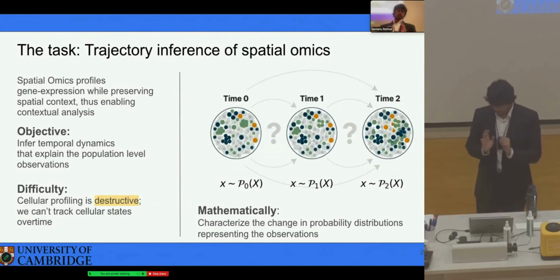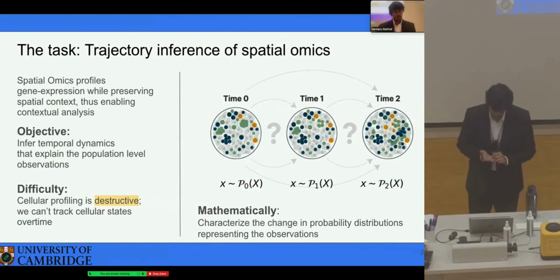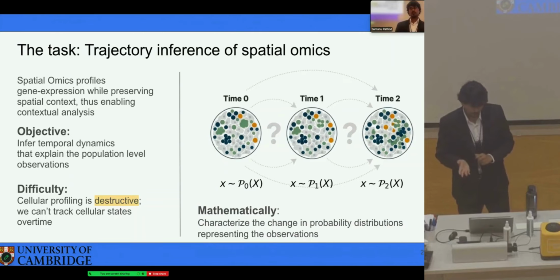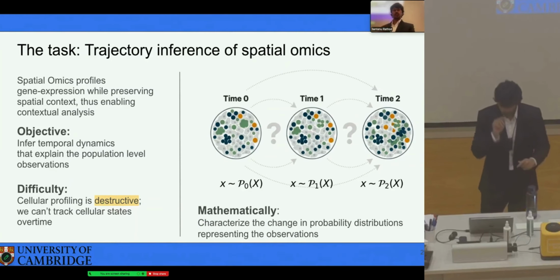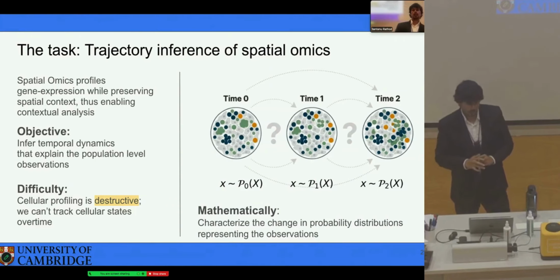Before going into the details, I also want to talk about the task of trajectory inference and why spatialomics. Why do we care about spatialomics as a modality, and why trajectory inference as a task?